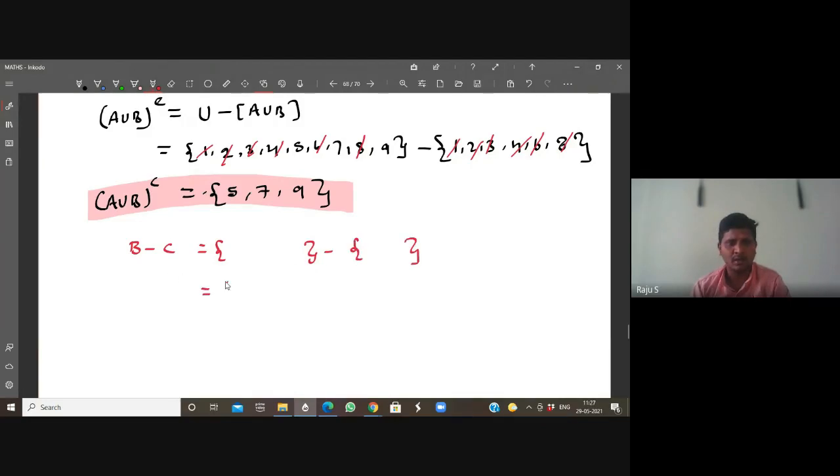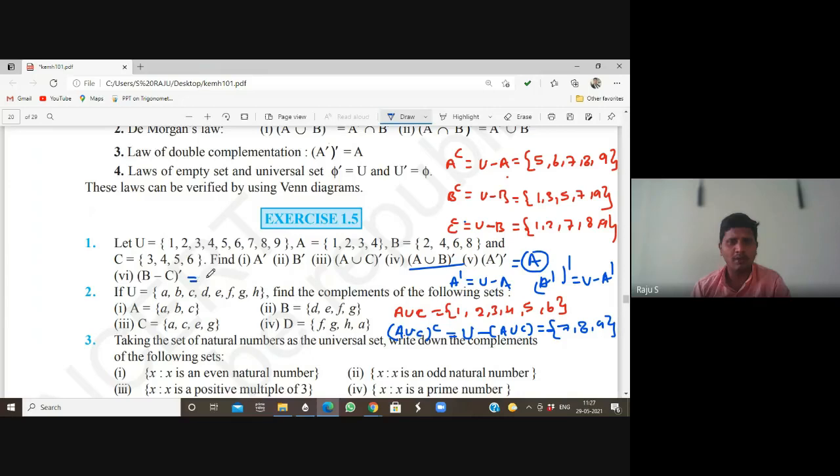We are going to get B minus C. Then B minus C whole complement is given by universal minus B minus C. Like that you can find. Can you tell me the answer for B minus C whole complement? All of you find and tell me.